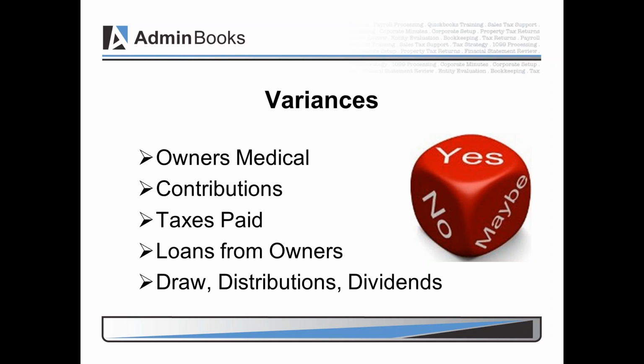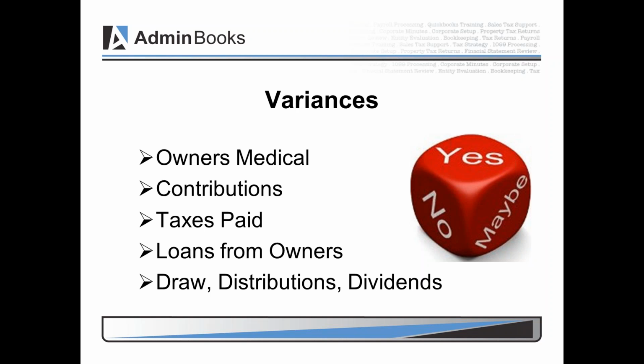Taxes paid. So if you're an S Corp and you pay the $800 fee to the state of California, that is a deductible expense. But if you pay federal taxes as a C Corp, that is not deductible.